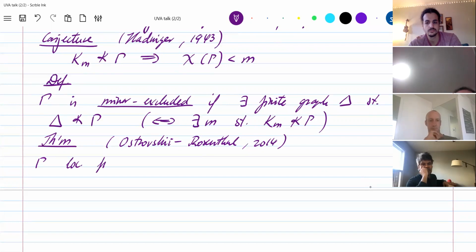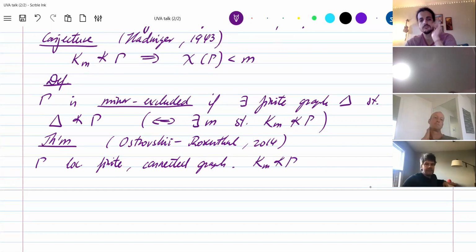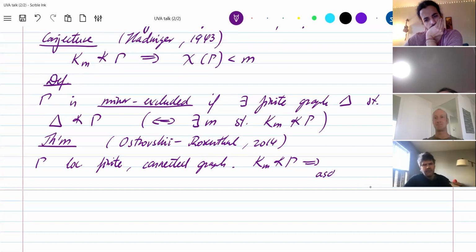If gamma is a locally finite connected graph, then K_m not appearing as a minor of gamma actually gives us a quantitative bound on the asymptotic dimension of gamma.